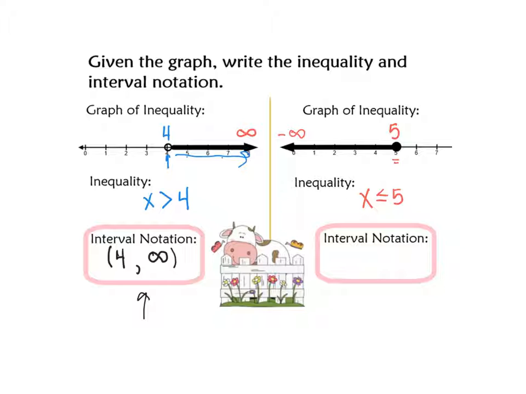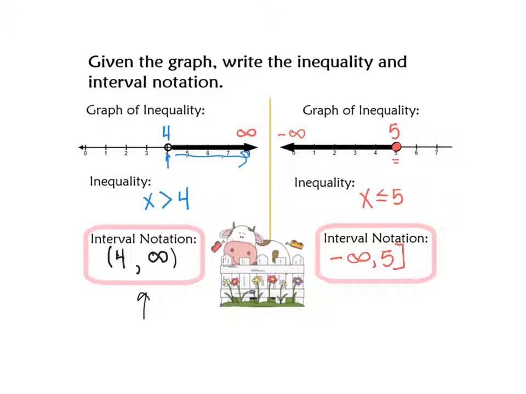Then I'm going to write my interval notation. Again, we're reading it left to right. On the left side, I'm going to have my negative infinity. On the right side, I'm going to have a 5. Because the point is darkened, that means it includes 5, so that's where I want my bracket.